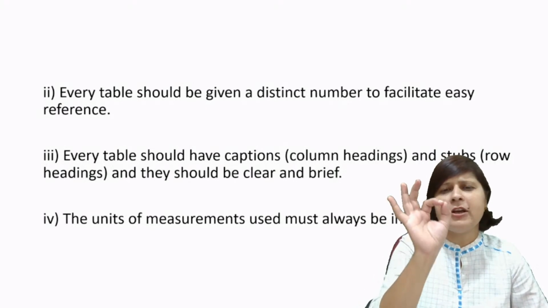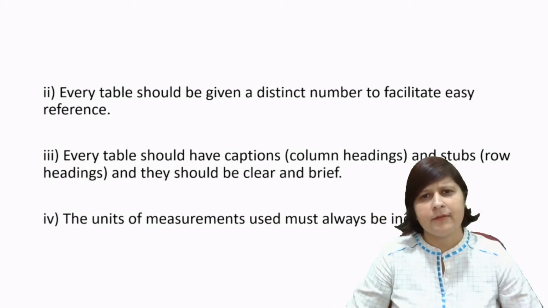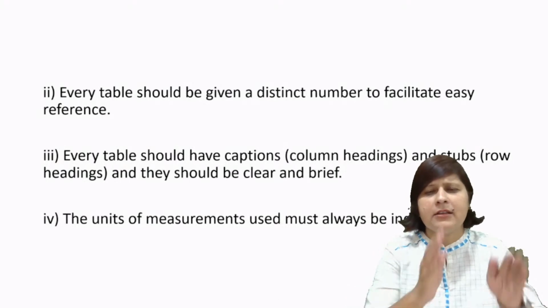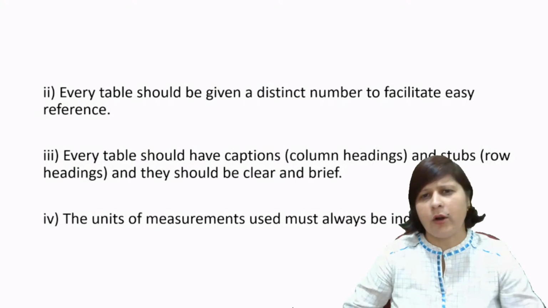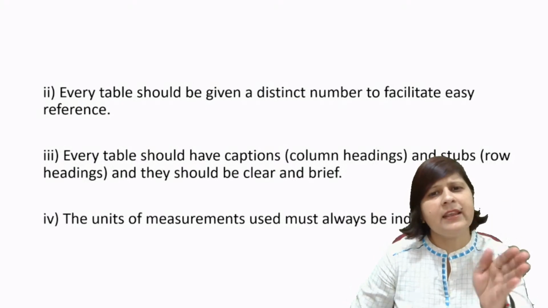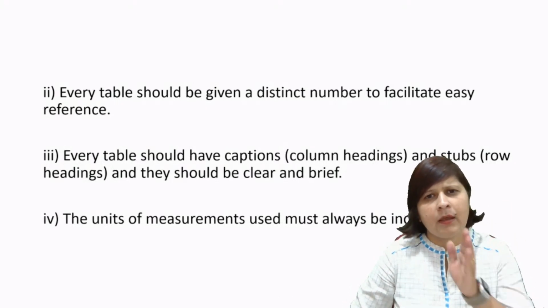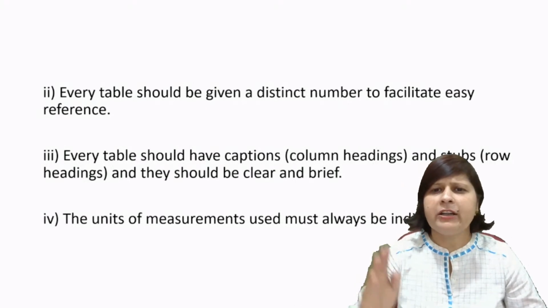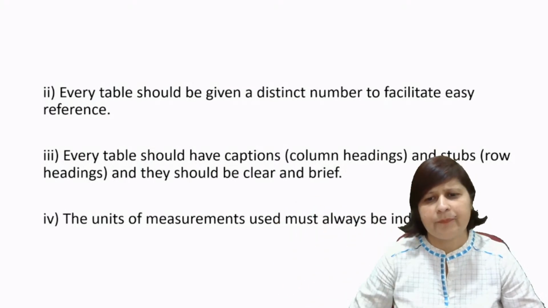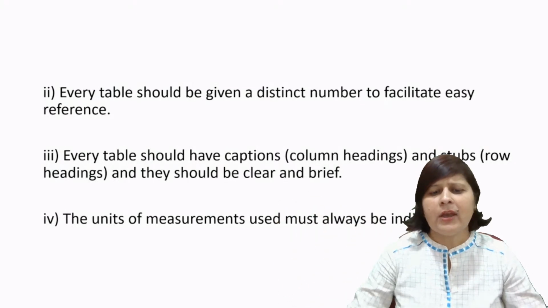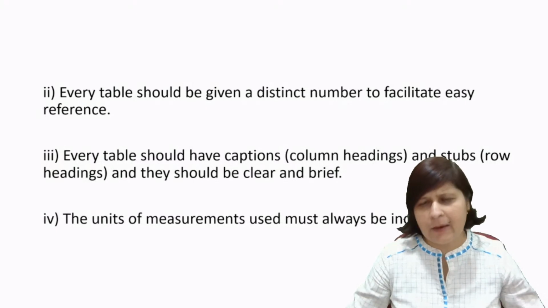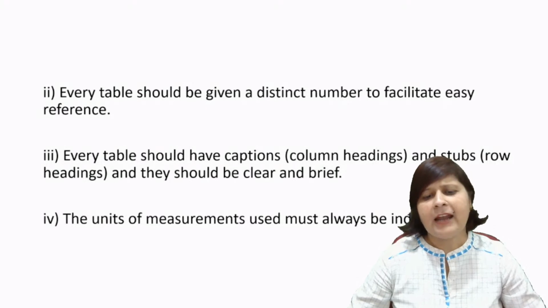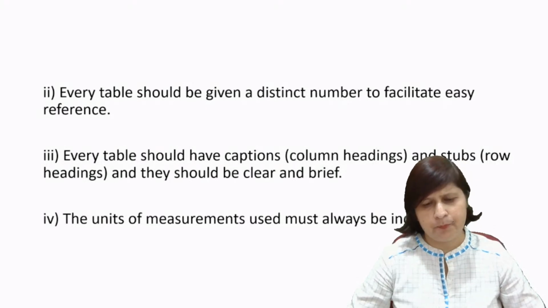That is, there should be a column heading so that one can understand what this column represents, like serial number, year, profit, loss, balance, right? So every table should have a caption, that is the column heading, and stubs, that is the row headings, and they should be clear and brief.